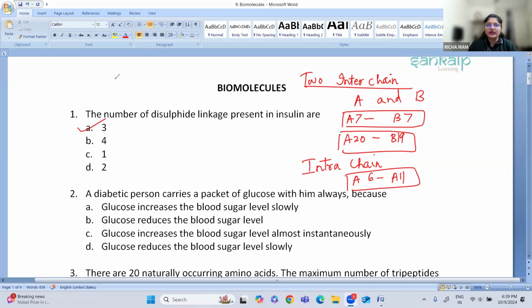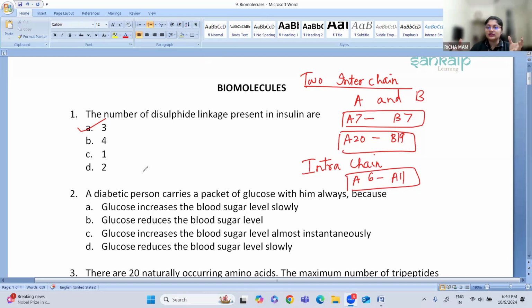When you see the insulin structure, there are around 51 amino acids. Insulin consists of 51 amino acids arranged in 2 different polypeptide chains. These polypeptide chains contain 21 and 30 amino acids.